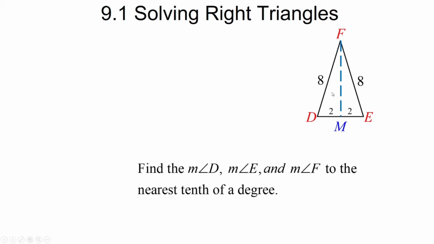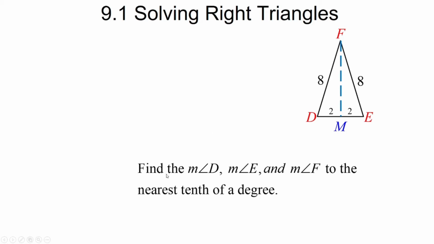And these legs of this isosceles triangle are 8 and 8 with a base of m right there. Okay, so let's see. Find the measure of angle D, that would be that acute angle right there, the measure of angle E, this acute angle right here, and then the measure of angle F, the vertex angle of my isosceles triangle up there, to the nearest tenth of a degree.